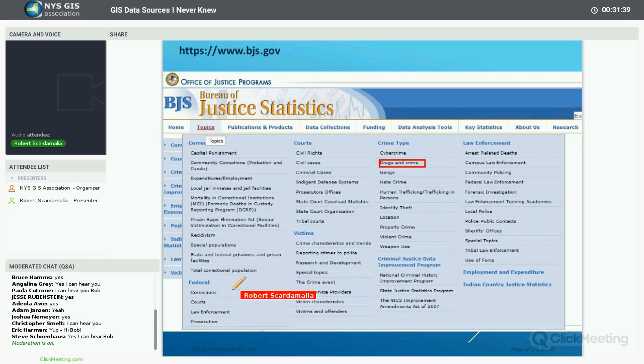Data on corrections, data on federal courts and corrections, victims, courts, crime by type, aspects of improvement of criminal justice data, law enforcement. Again, a tremendous amount of data that can be used for analysis and policy decision making.